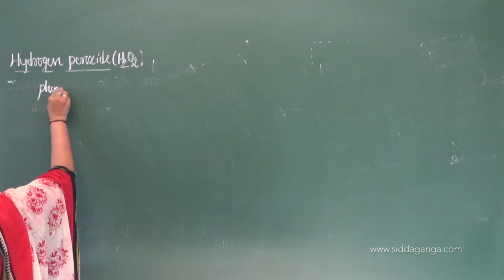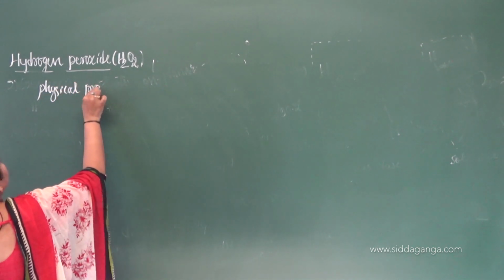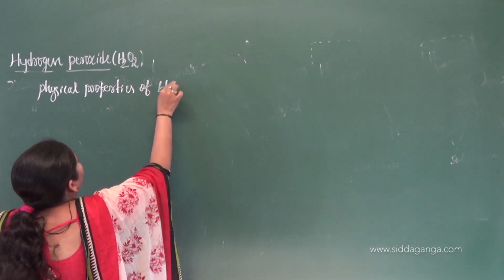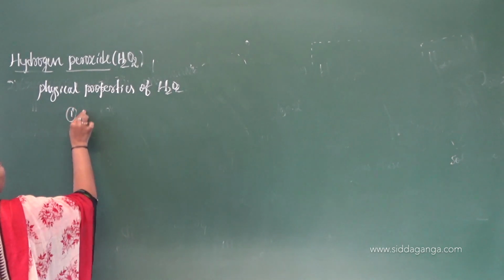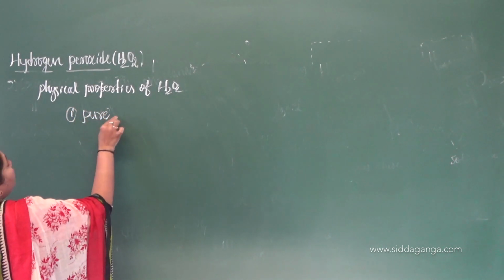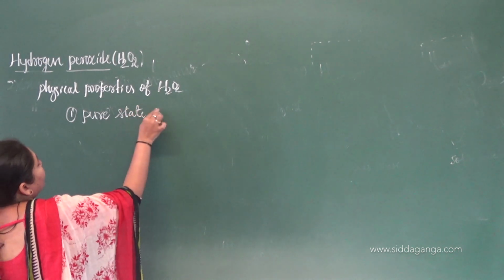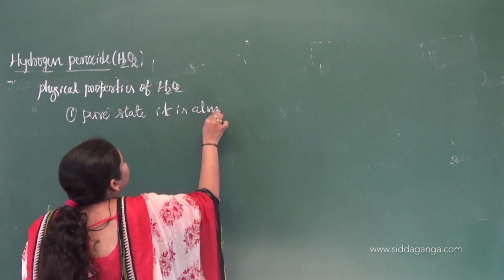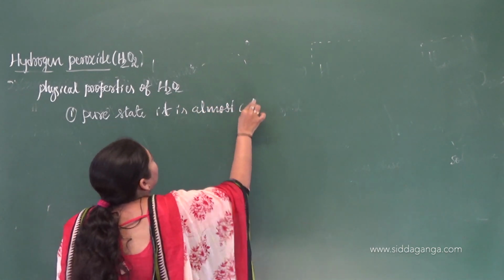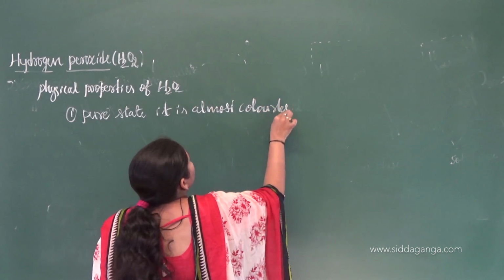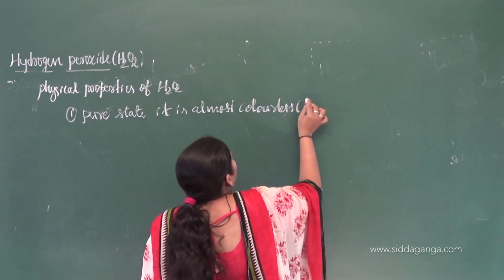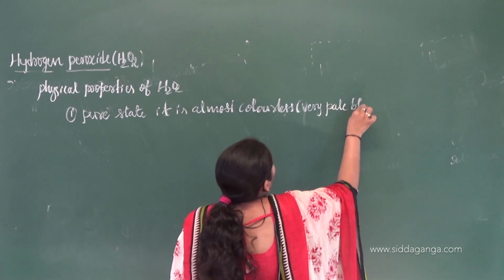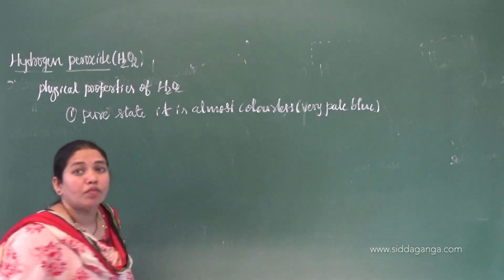First, in pure state it is almost colorless, but in some books it is given as very pale blue, right?